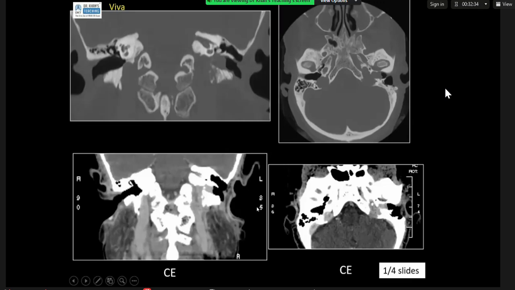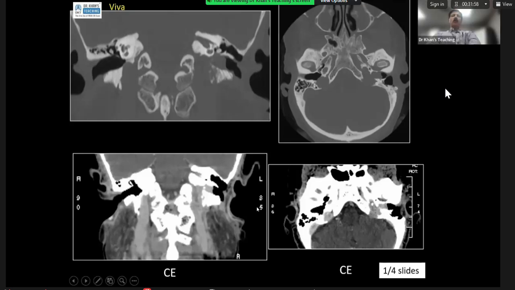With regards to this location and irregularity seen here, my first differential will be glomus jugulare tumor. So what is the glomus jugulare? It's a type of paraganglioma, quite similar to glomus tympanicum, or pheochromocytoma.